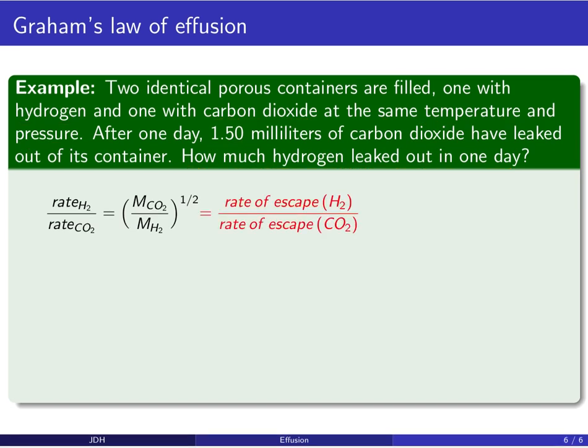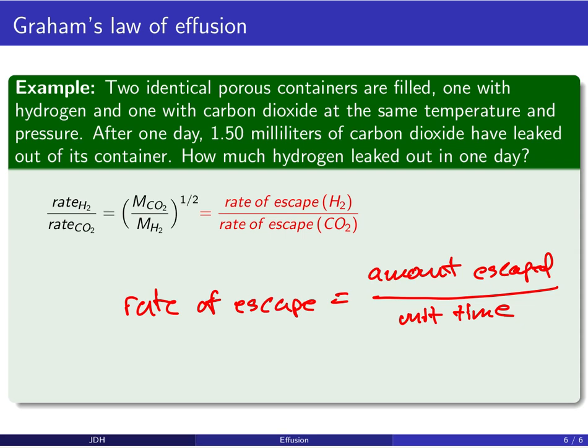So we have to think, when we're talking about the rate of effusion, we're talking about the rate of escape, how fast these little molecules are escaping out of that little hole in the side of the container. So you can think about this as an amount of gas that's escaping per unit time. Rate of escape is the amount escaped per unit time.